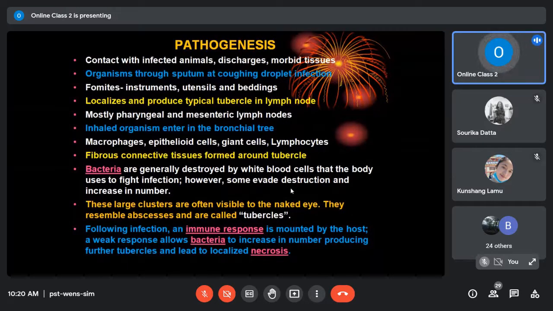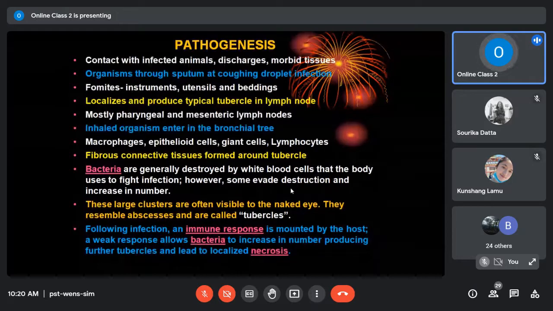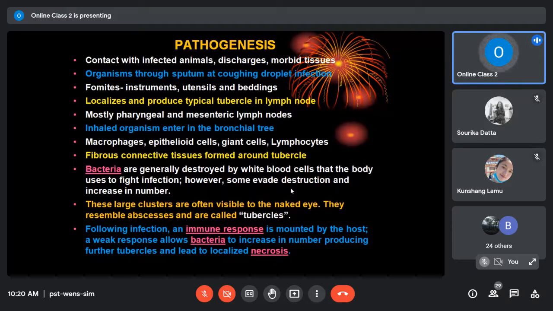That's why it is hard and firm. The bacterial organisms are generally destroyed by the white blood cells, the immune cells that the body uses to fight infection. However, some evade destruction and increase in number.